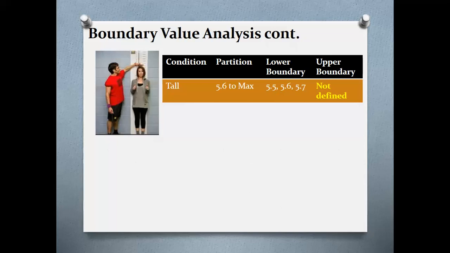In this case, the upper boundary value is not defined. This is known as an open boundary, where one edge of the partition is left open. To test such a boundary, you should check the system specification to identify if any possibility can be put as a threshold limit.